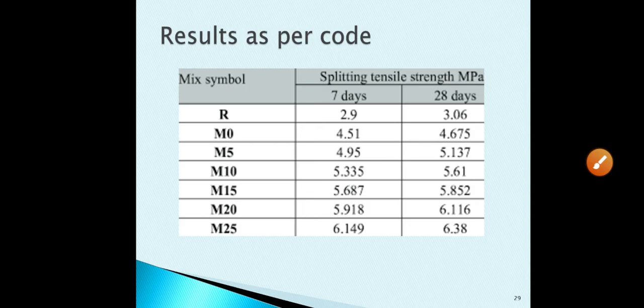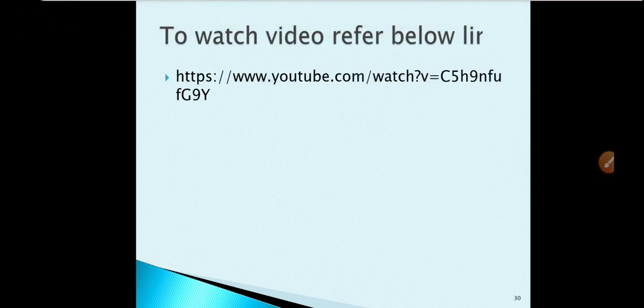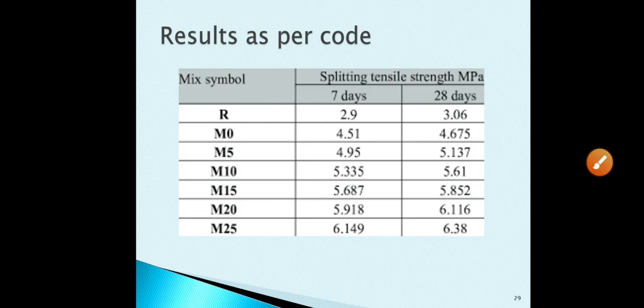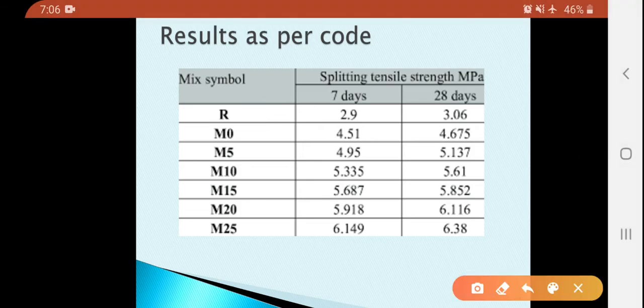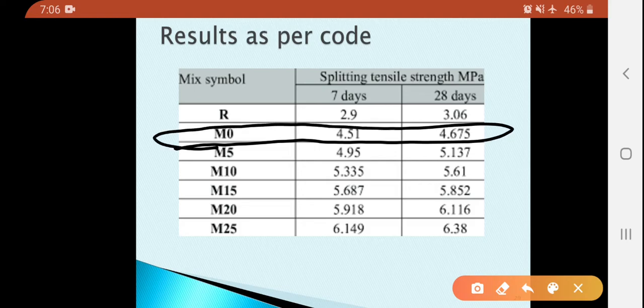Next, as per the code, the minimum compressive strength value should be in a range of, we can take M10 for 7 days, split tensile strength will be 4.5. For 28 days, 4.6. That is nothing but a slight increase in the tensile strength value.